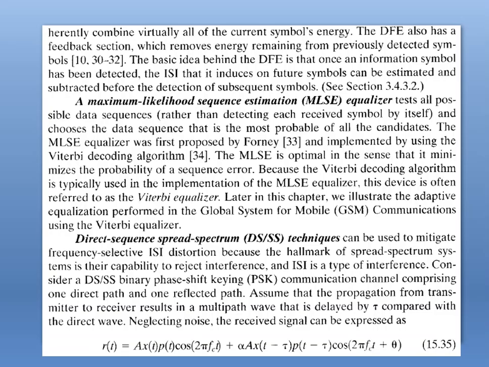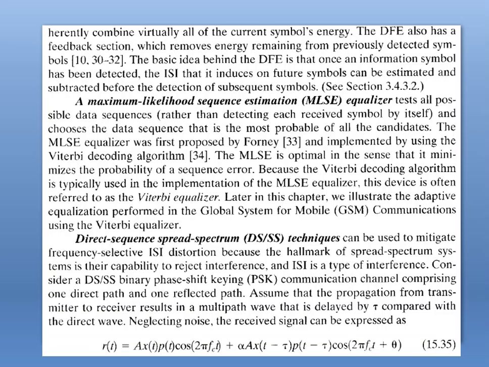Consider a DS/SS, direct sequence spread spectrum, binary phase shift keying communication channel comprising one direct path and one refracted path. Assume that the propagation from the transmitter to the receiver results in a multipath wave that is delayed by tau compared with the direct wave.